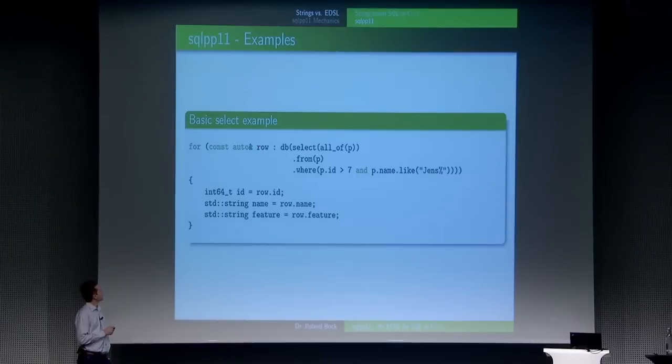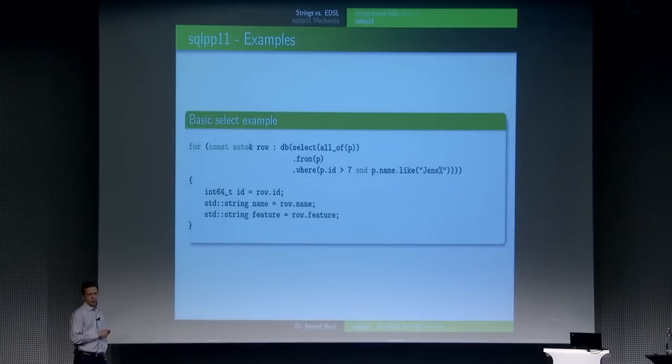We have rows, and these rows are actually structs which are constructed at compile time. The rows contain members with the names of those columns that we've selected here, and the appropriate type. And this is shown on the next slide in the error messages.